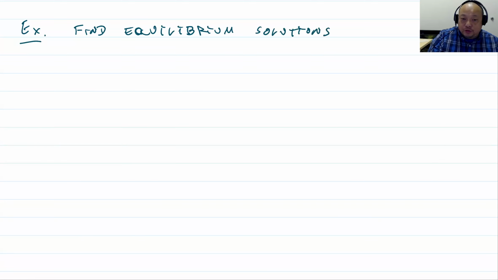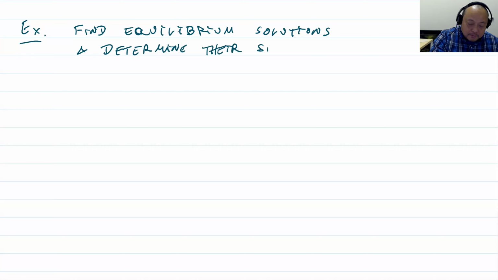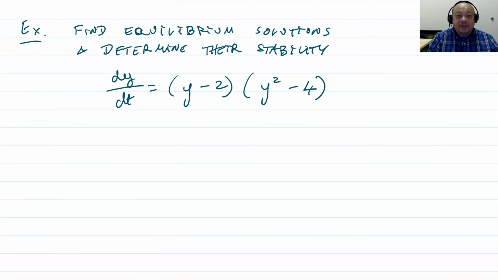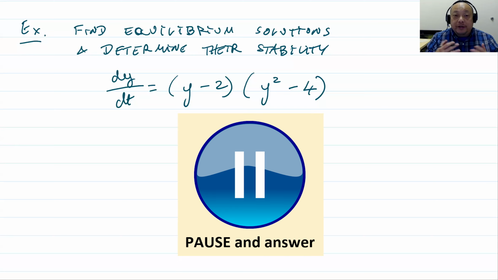Find the equilibrium solutions and determine their stability for this equation: dy/dt equals (y minus 2) times (y squared minus 4). Go ahead and try this. Press pause and come back when you're done or when you're stuck. I'll show the answer.